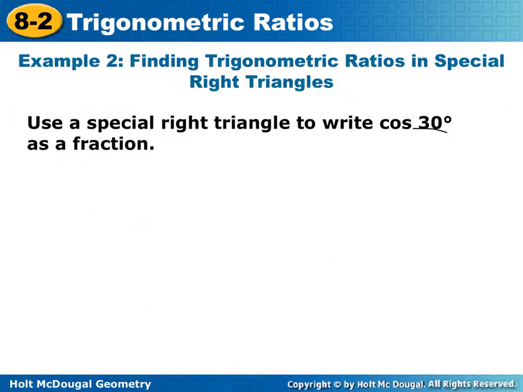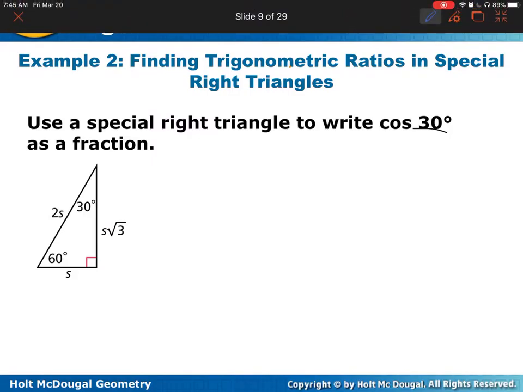Hopefully this is just bringing back all review for you. So these were our special right triangles. This one's our 30, 60, 90 because it's cosine of 30 degrees. So we solved this one as: we have cosine, which is CAH, which is adjacent, the one next to it, over the hypotenuse.